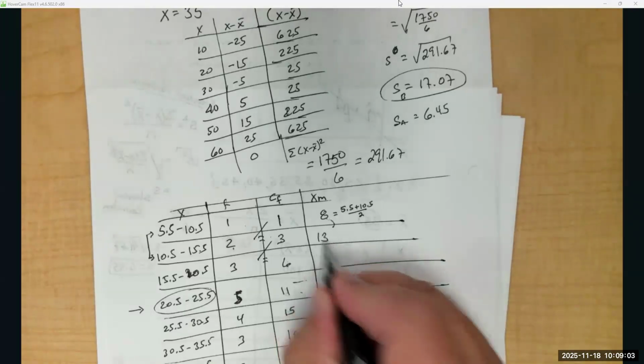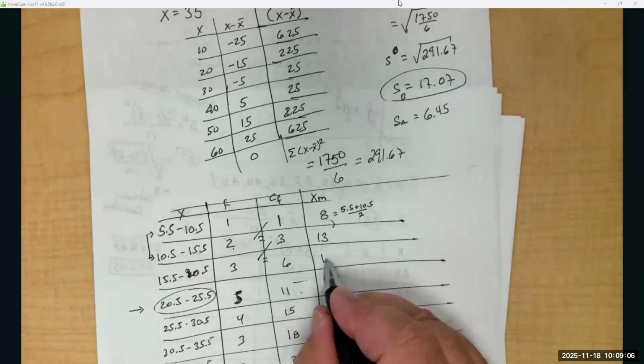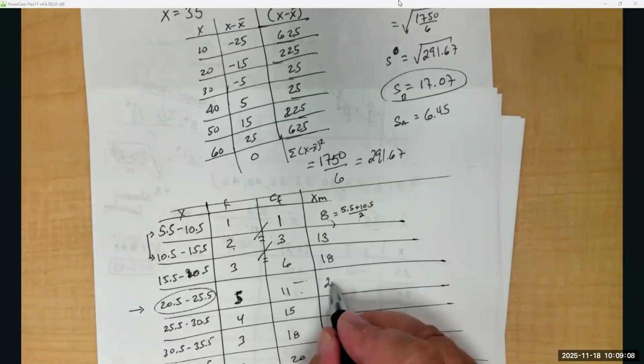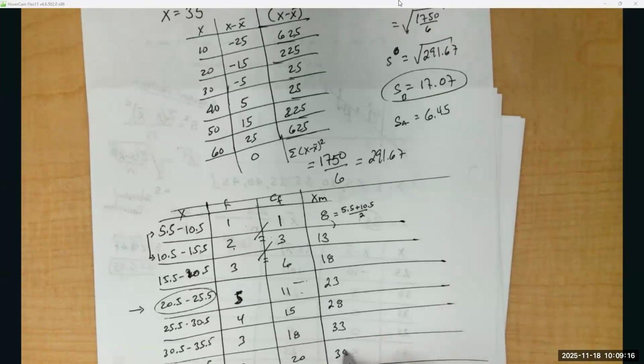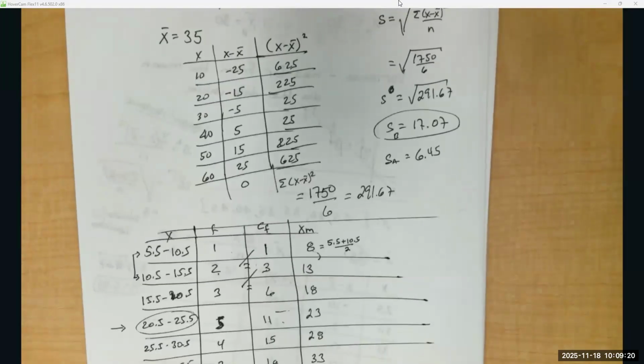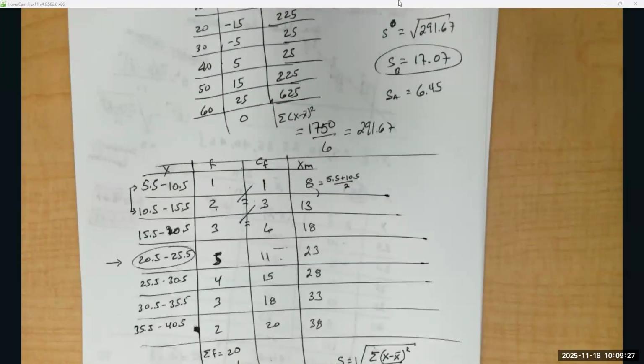That'll be 13. Then 18. Then 23. Then 28. Then 33. And 38. Why do we need to have the midpoint? Because that's going to represent that interval for us.